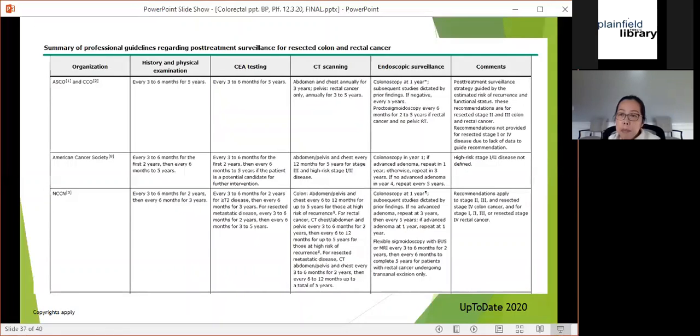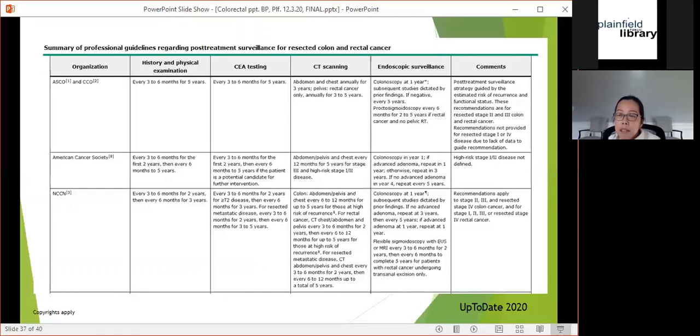There are multiple professional guidelines regarding post-treatment surveillance for resected colon and rectal cancer. In general, the patient needs to be followed every 3 to 6 months for the first 2 years after finishing treatment, then every 6 months for 3 years. We will check the tumor marker CEA every 3 to 6 months for 2 years, and then every 6 months for a total of 5 years.